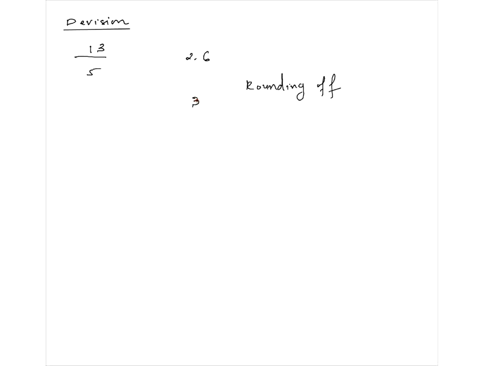Less than 5, no increment. Equal to 5, if it is even, don't touch, leave it as 2. If it is odd, increment it. That means we are preferring to write even numbers. So for example, if you are to round off 2.5 right here at this place, then because 2 is even and this is just 5, you would write 2.